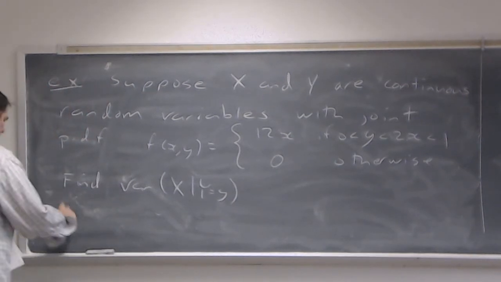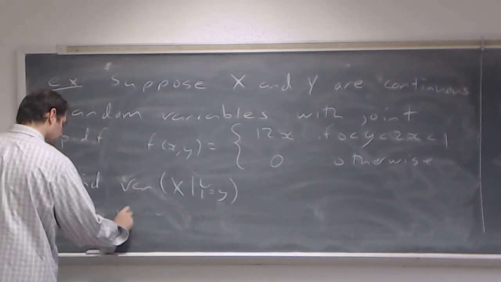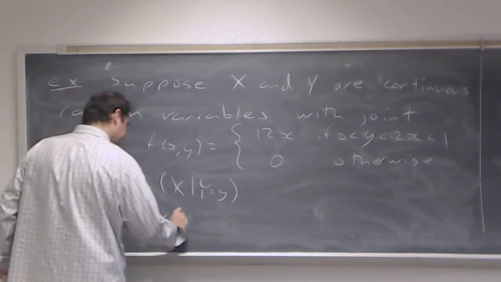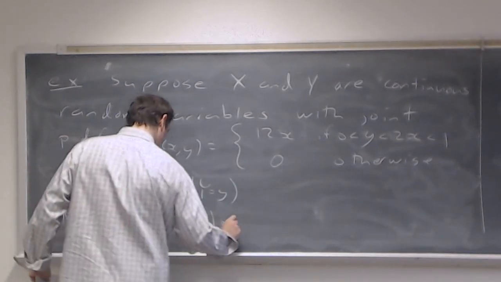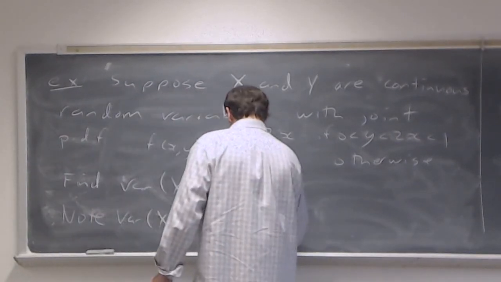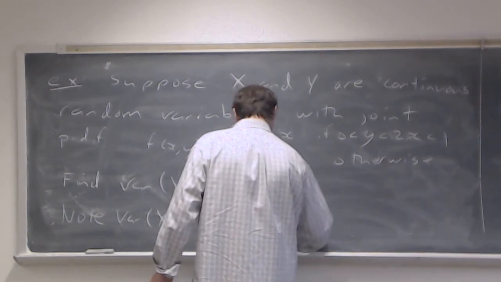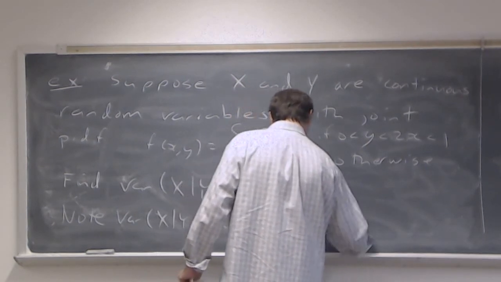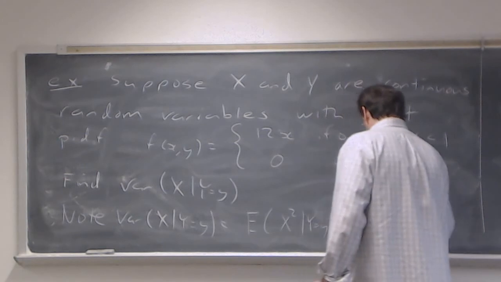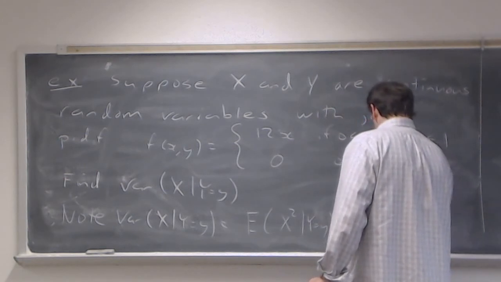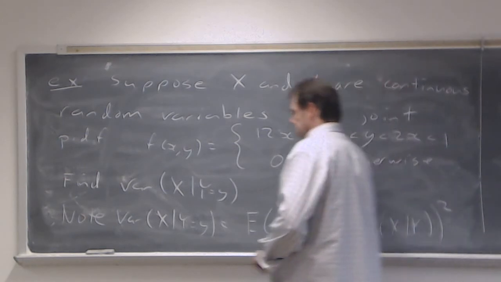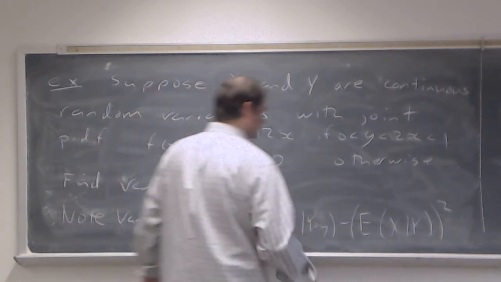Well, again, by formula, the conditional variance is equal to the expected value of x squared given y minus the expected value of x given y, quantity squared. So I need to find these two things.